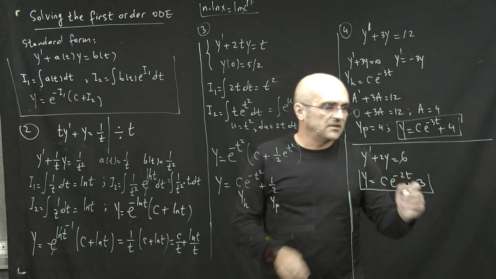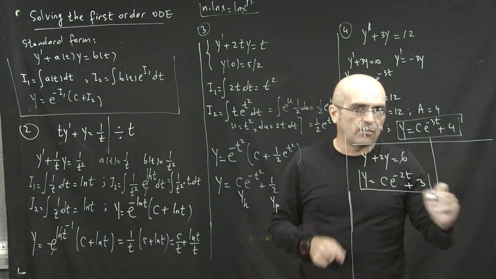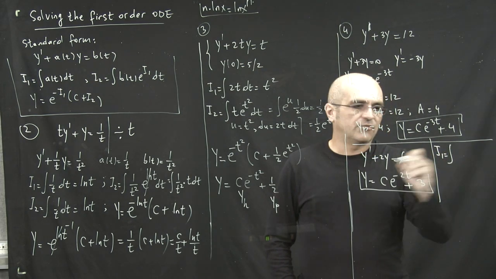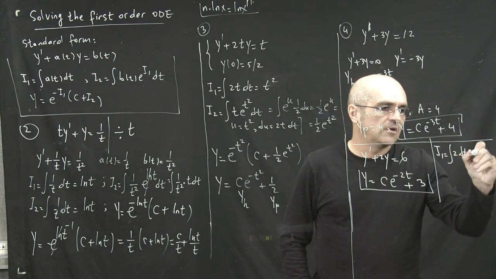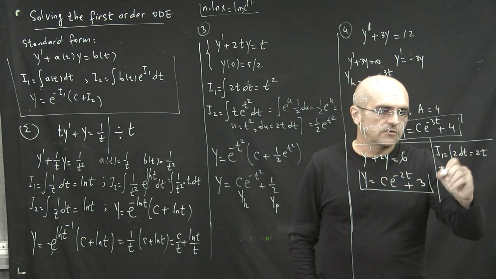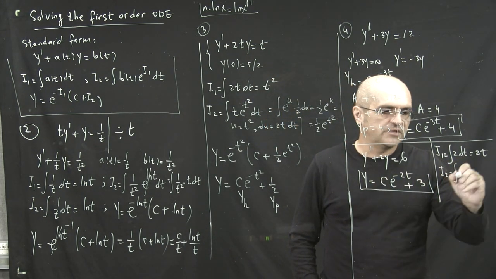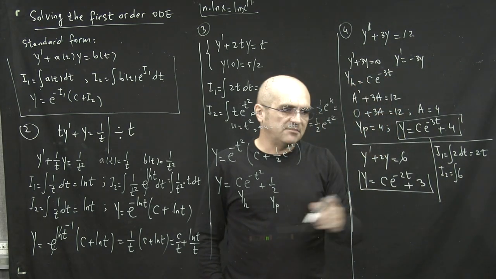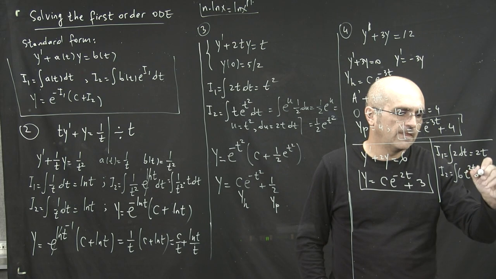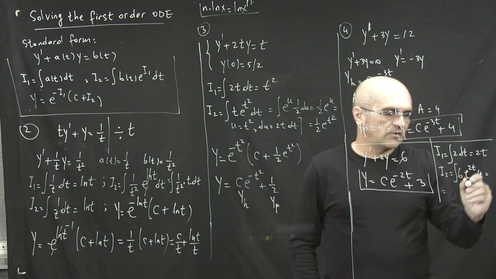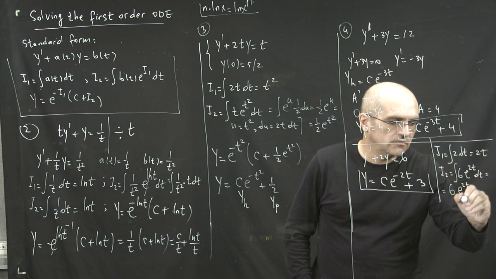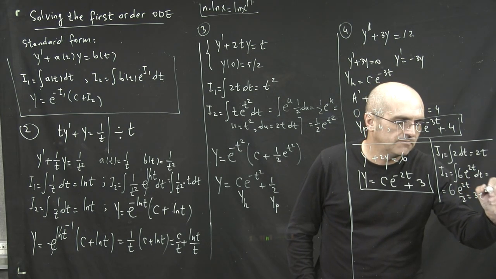So for example, if you want to do it via the formula we just learned today, well, you take I1, the integral of 2 dt, which is 2t. You take I2, the integral of b of t, which is 6, times e to the I1, which is e to the 2t. The antiderivative of this would be 6e to the 2t over 2. That's 3e to the 2t.